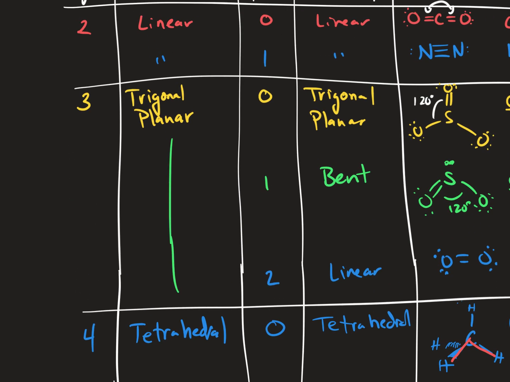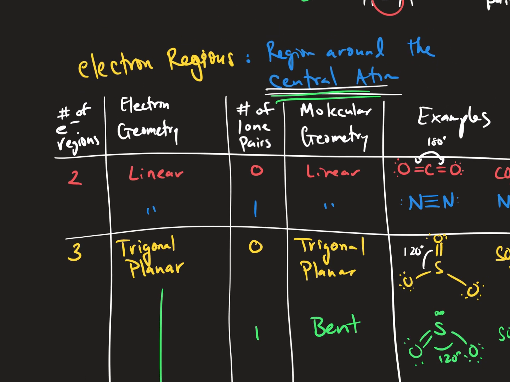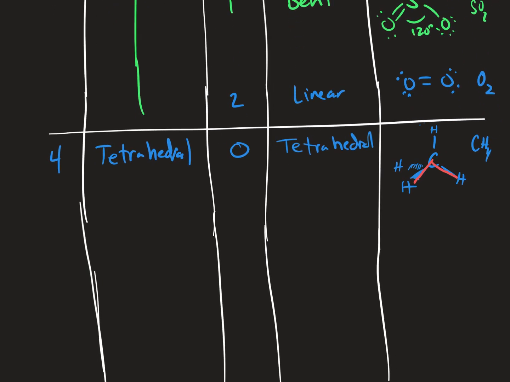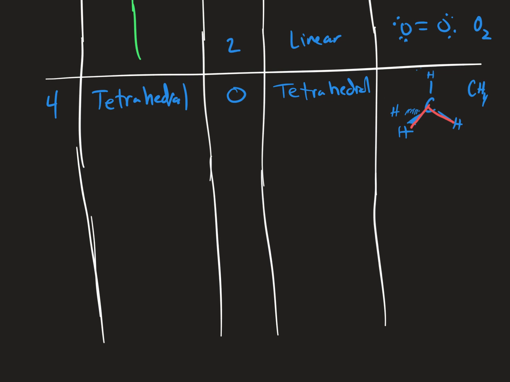If it's 0 lone pairs, the electron geometry and molecular geometry is the same. Good? But for four regions, the electron geometry is always going to be tetrahedral. Okay?